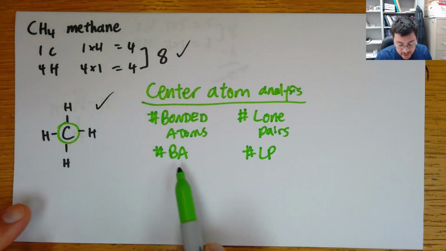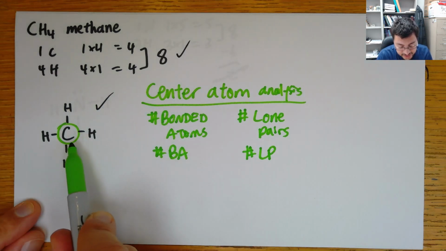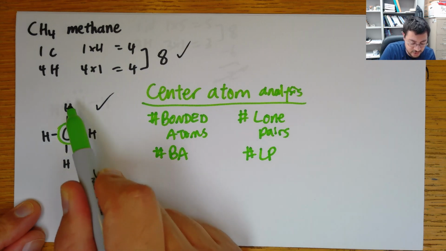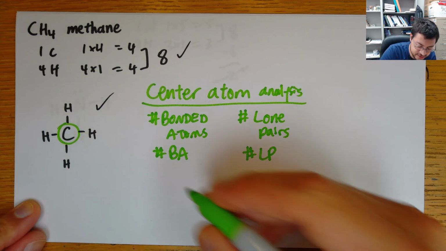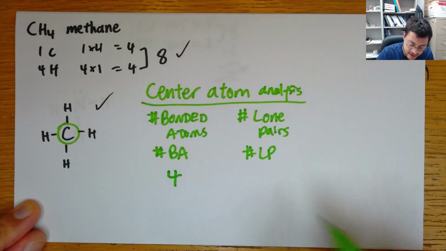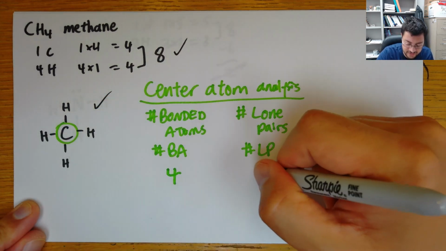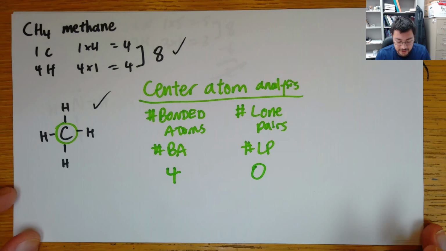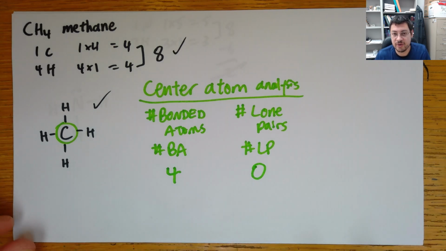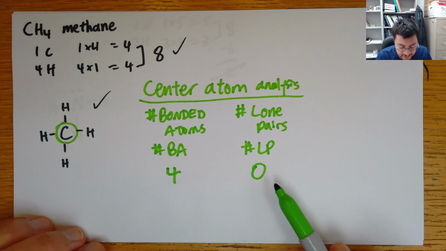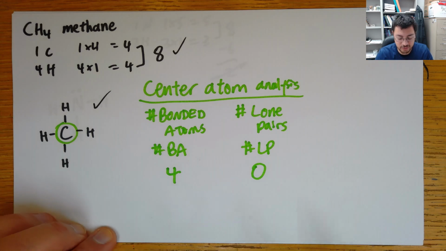So on the central atom, carbon, we see that there's 4 atoms bonded, those 4 hydrogens, so we're going to put a 4. And we see that there are no lone pairs on the center atom, so we have a 0. So I'm going to call this a 4-0 structure today, 4-0. I'll show you what I mean with that later. Let's just have this count done for each of the central atoms, and then we'll refer back to what this actually means.